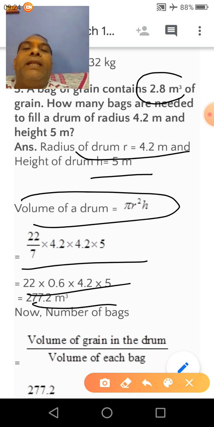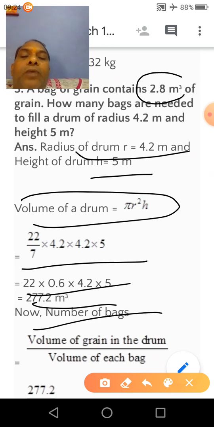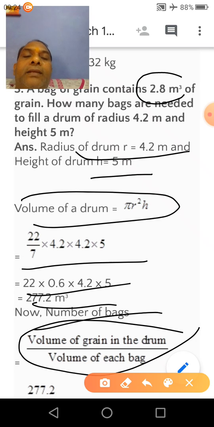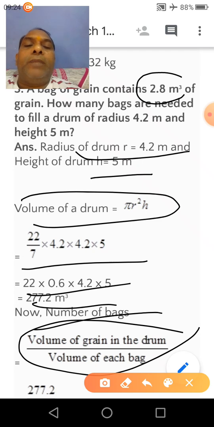A bag of grain contain 2.8 meter cube of grain. Clear? So number of bags will be equal to volume of grain in the drum upon volume of each bag.